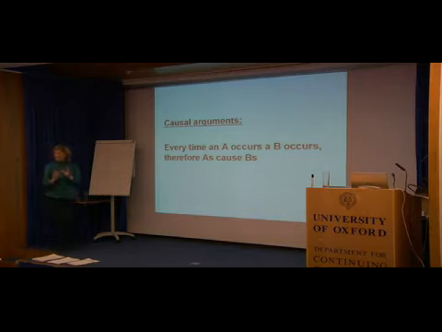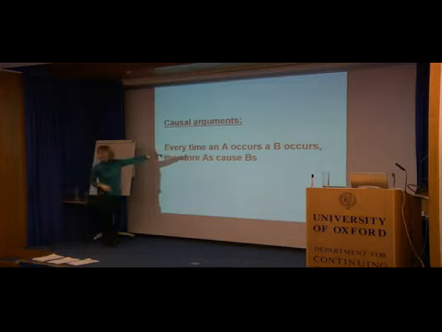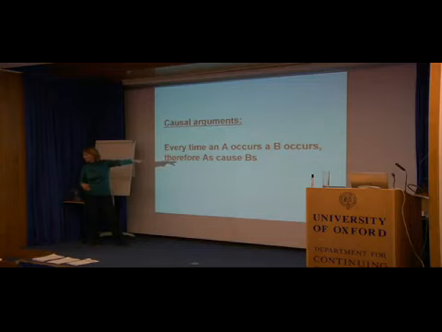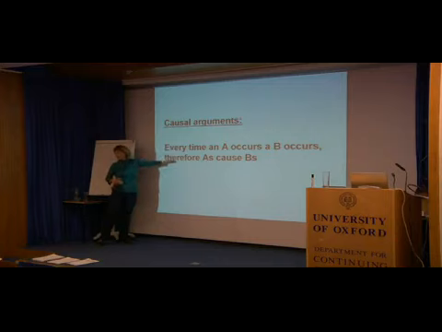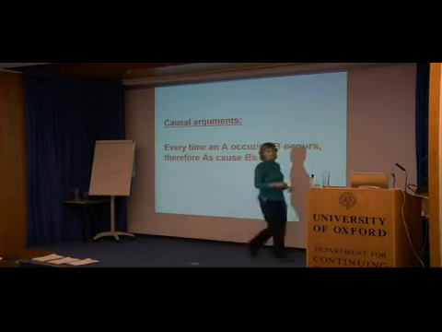We know that there can be correlations without causal relations, but even so, our evidence for causation tends to rest on a correlation. So if every time an A occurs, a B occurs, we'll tend to think that A's cause B's. So we argue from observation of a correlation to an assertion about a causal relation.